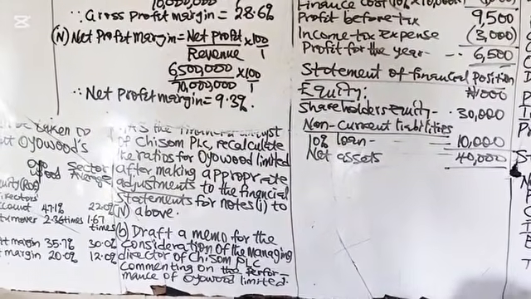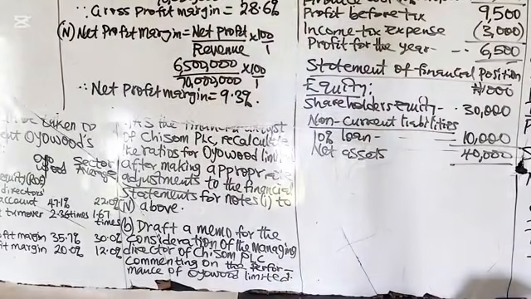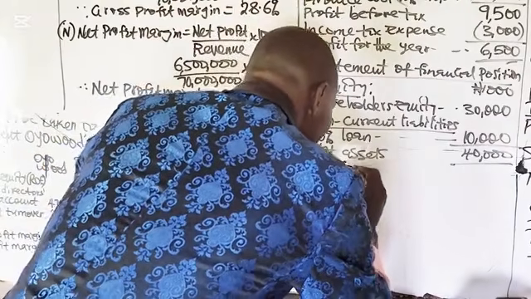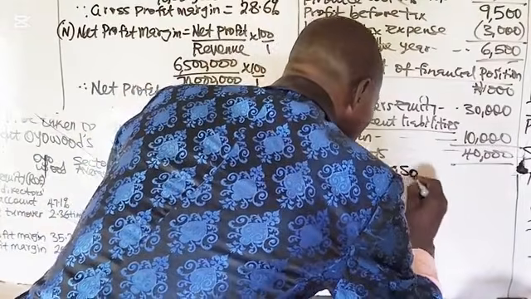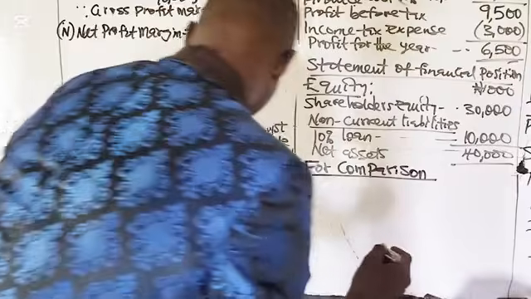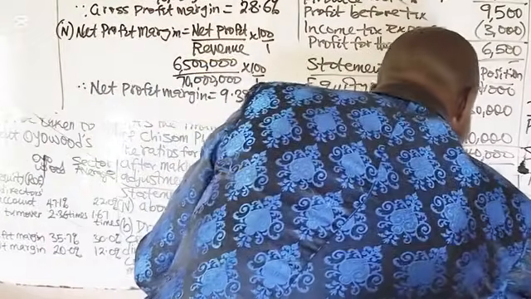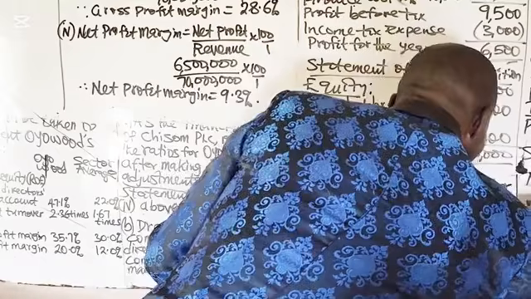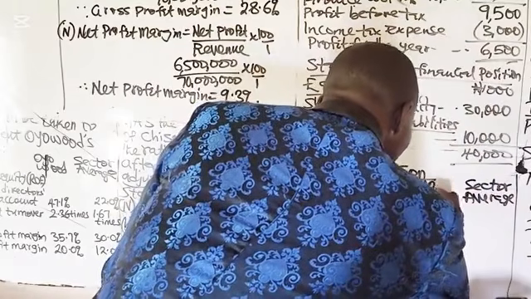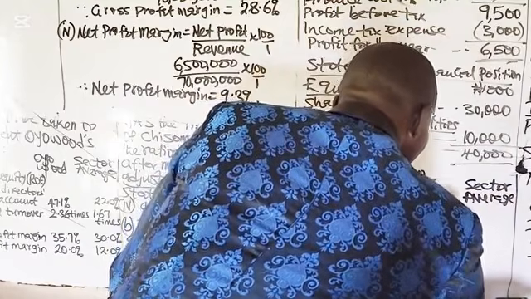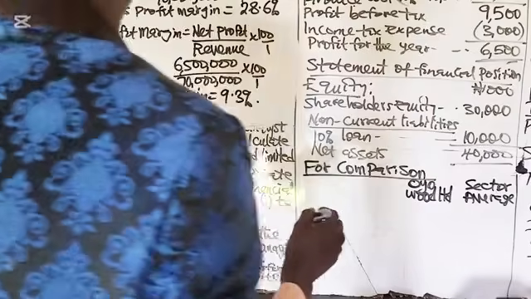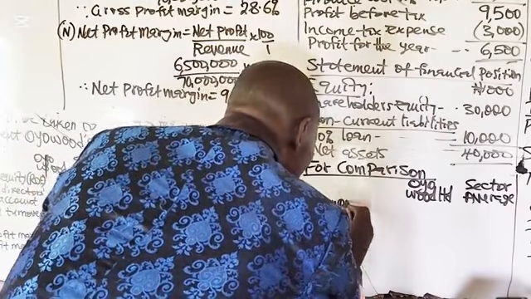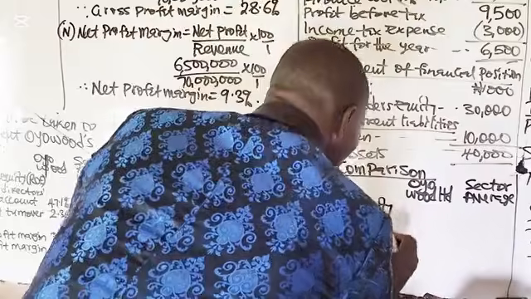For comparison purposes, let me have the ratios alongside the sector average. The first ratio is return on equity for Oyo Wood.